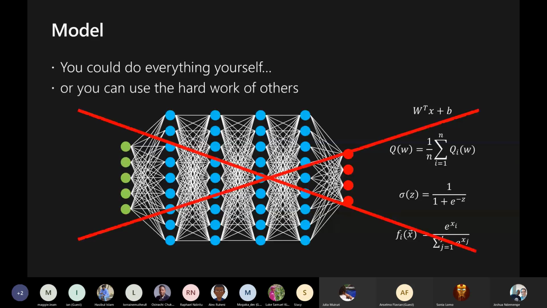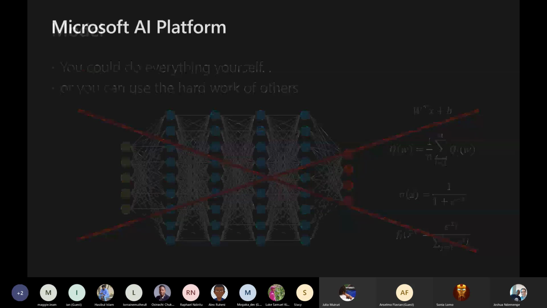So as I said, on the easy part, you can just use the hard work of everyone else, someone who has just gone and trained their models, and then you can consume that, and that's the route we're going to go with. We're not going to go with the first route of building everything by ourselves.